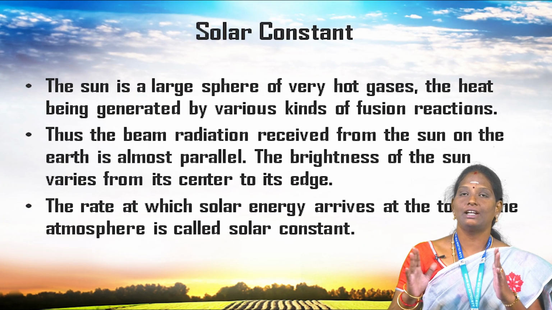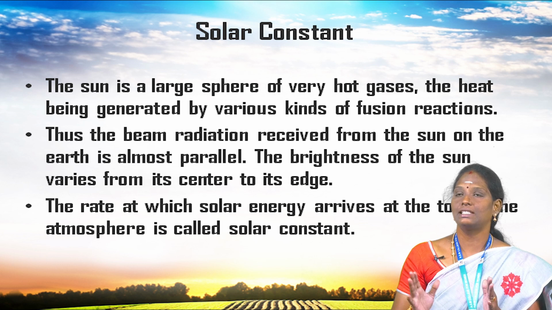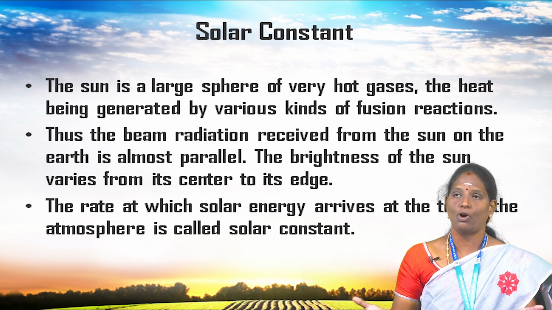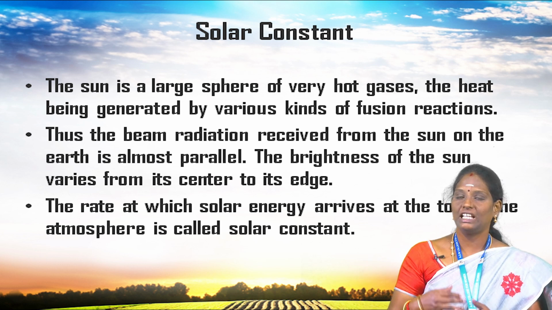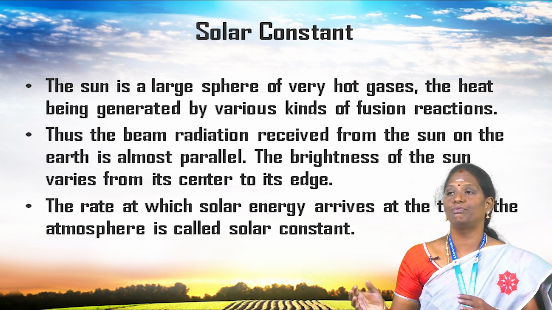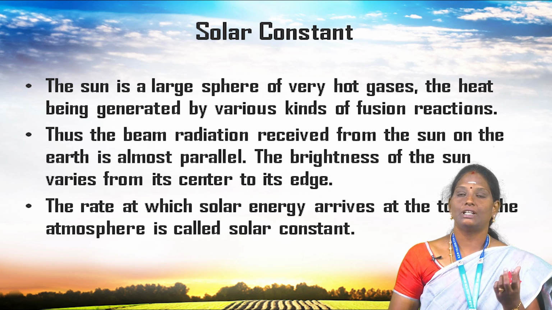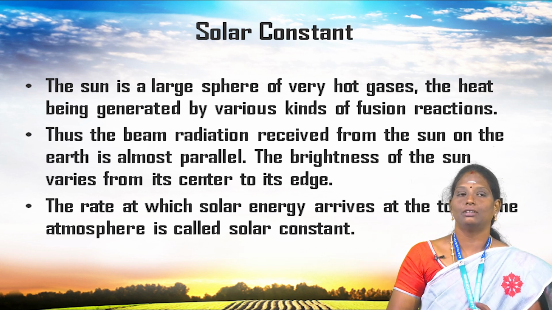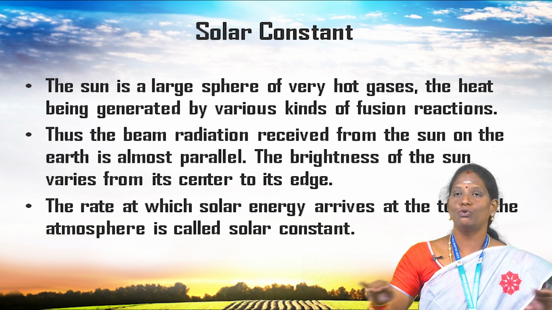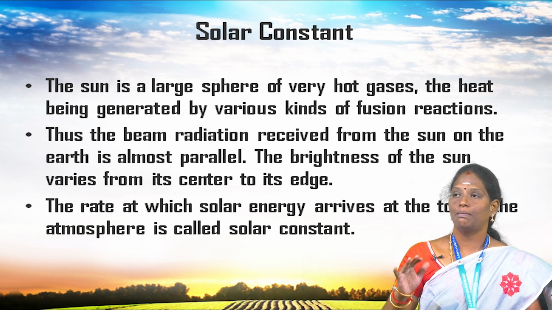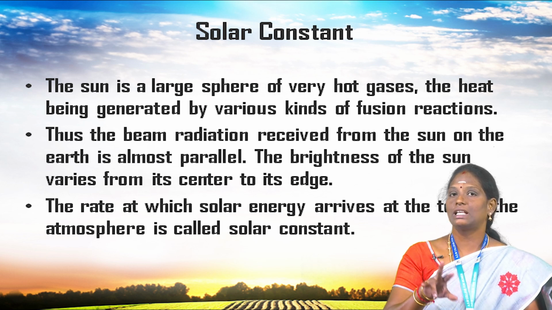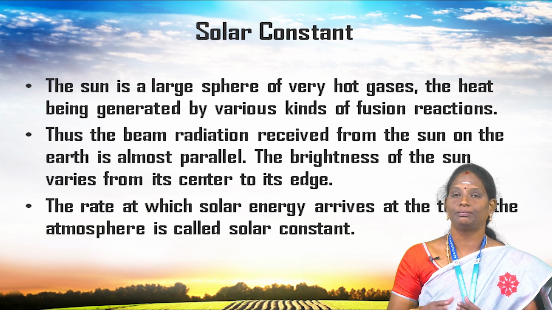The sun, as we already discussed, is a large sphere of very hot gases. The heat is generated by various kinds of fusion reactions. Thus, the beam received from the sun on the earth is almost parallel. The brightness of the sun varies from center to its edge.